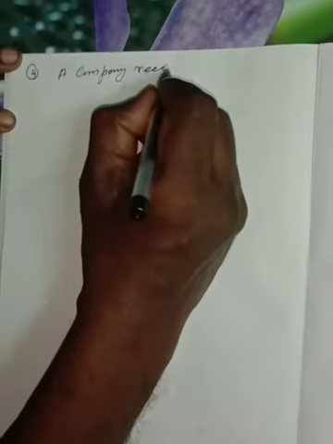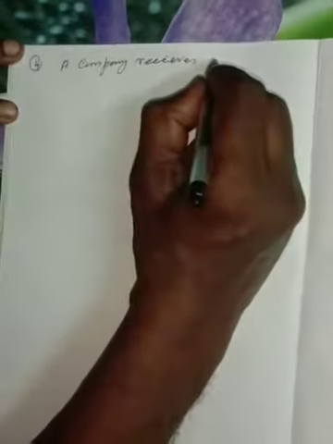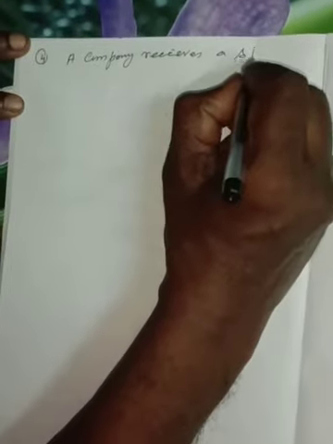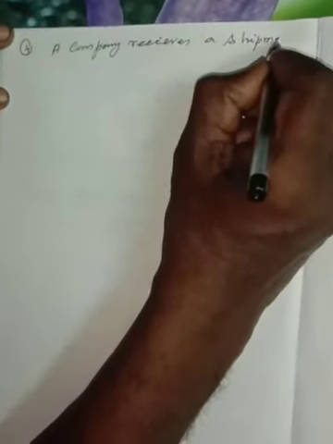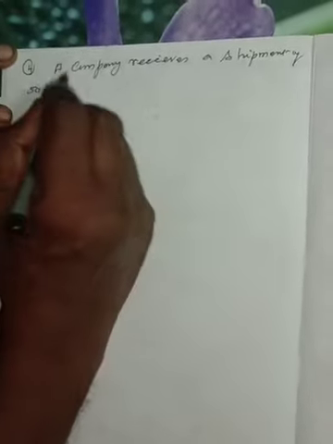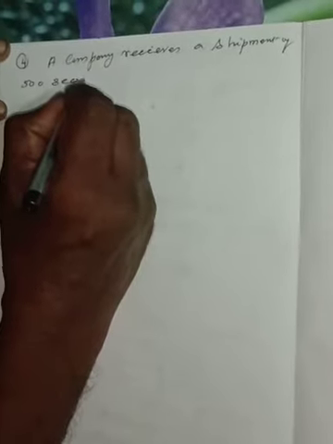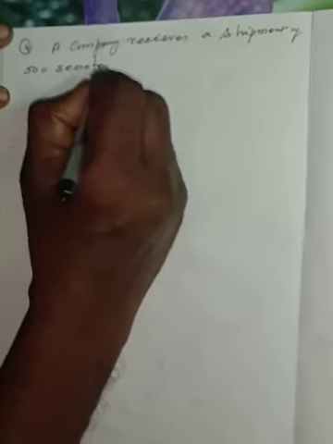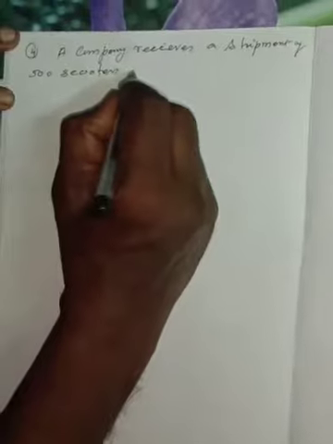Next, a company receives a shipment of 500 scooters every 30 days.